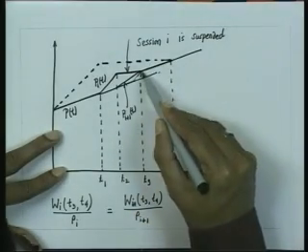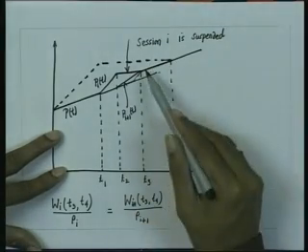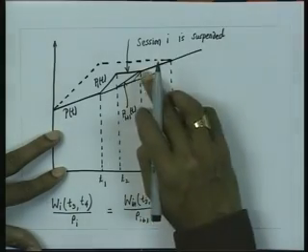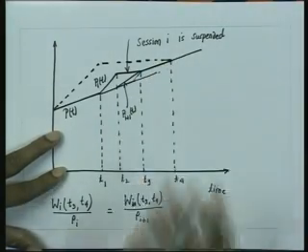So during this interval T3 to T4, the potentials of session I and I plus 1 are increasing with the same rate.